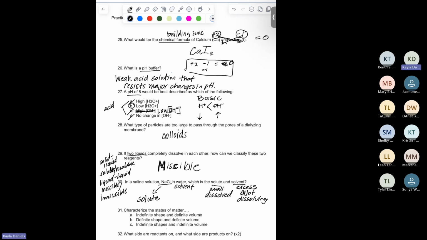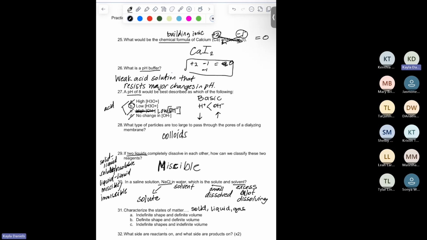Thirty-one. This goes back to the beginning of lecture 1: solids, liquids, and gases. We're figuring out which is which in this definition. A, an indefinite shape and a definite volume. Think about the water bottle analogy of pouring it out.